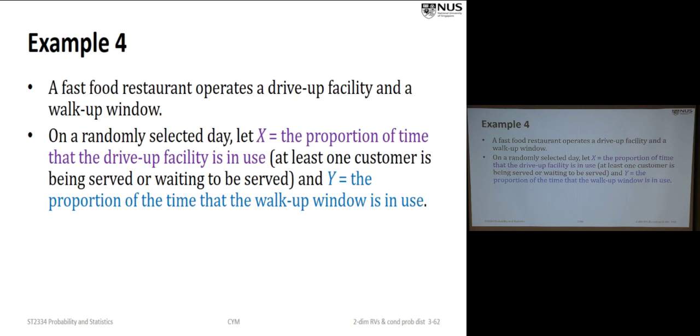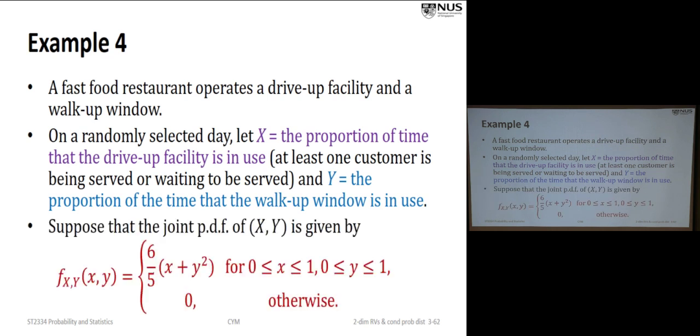So in other words, we are looking at one individual restaurant, and there are two variables. One is the time being used in the drive-up facilities. The other one is the time being used for the walk-up window.